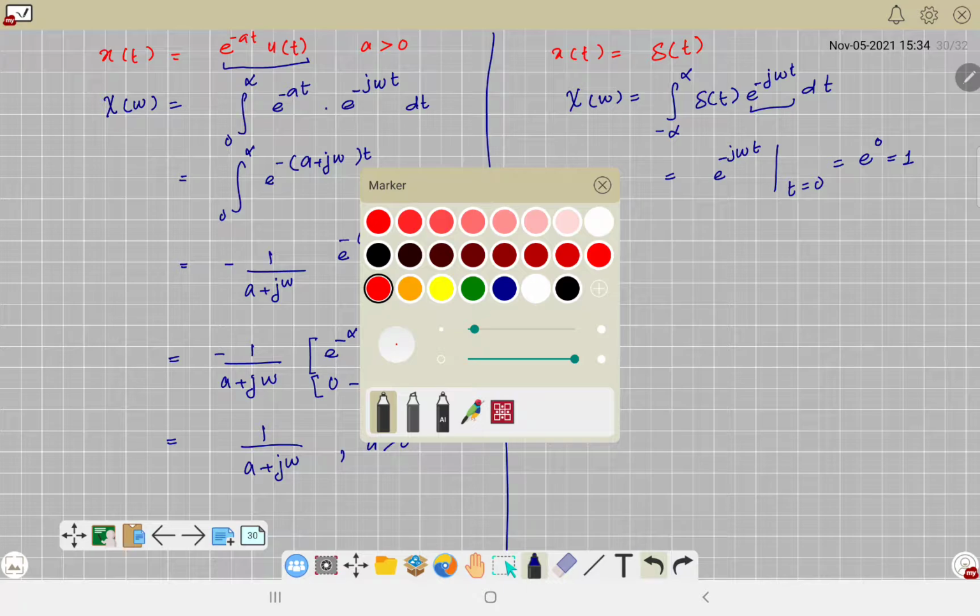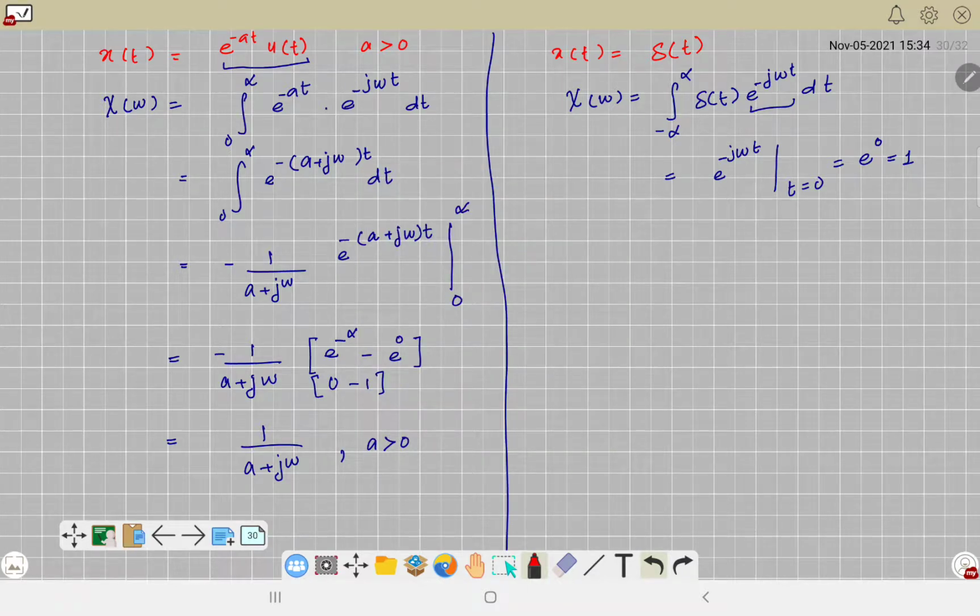Then let's have another one wherein I have a rectangular pulse signal, and we want to find its Fourier transform. So it's a pulse signal of this type, x of t. It has a value of 1 for t less than t1, and outside this it is 0.